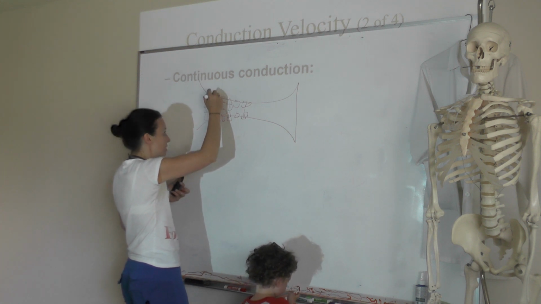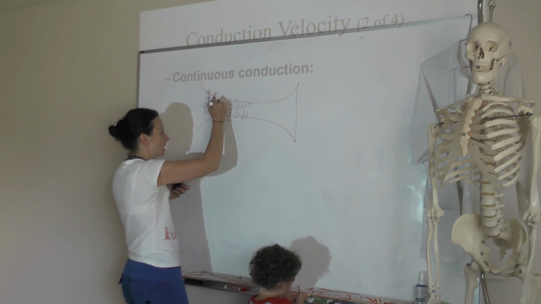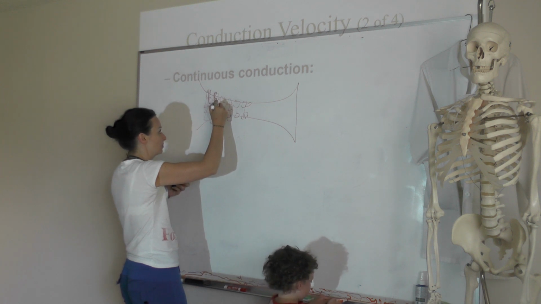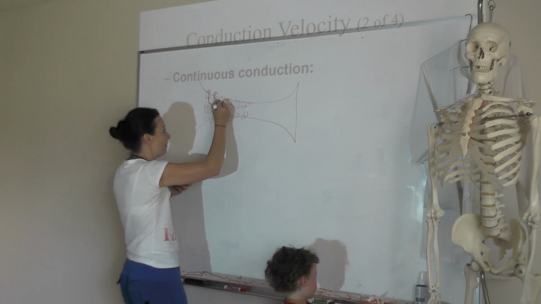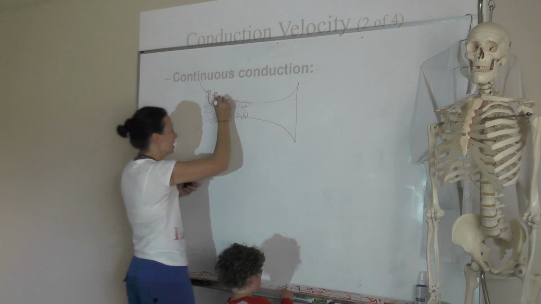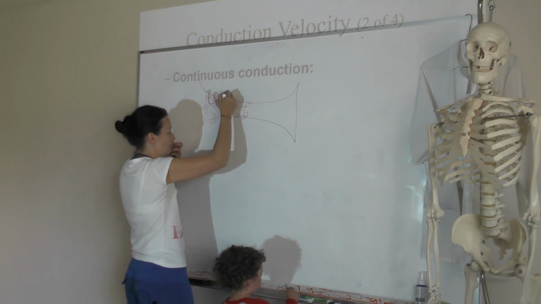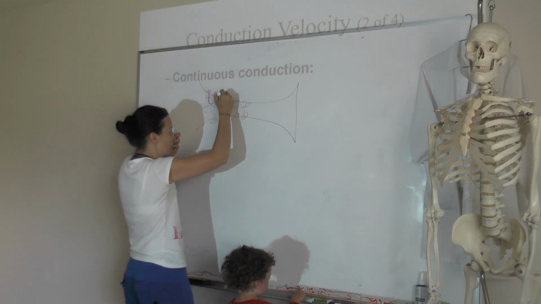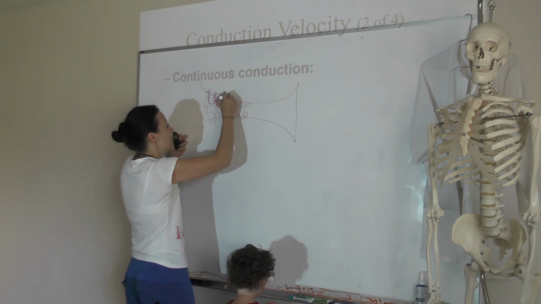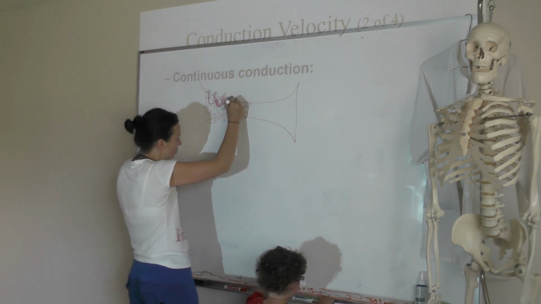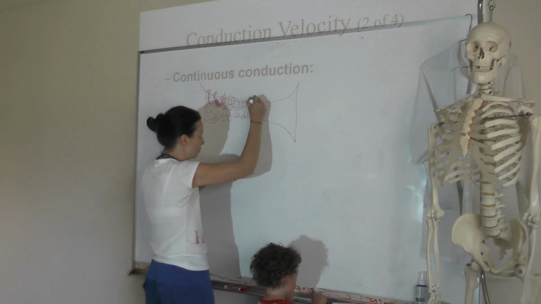That'll open these ones, so we regenerate the action potential here. Voltage-gated sodium channels open at -55, which is threshold, and stay open until positive 30. Sodium rushes in to positive 30. So we've got to regenerate that over and over again.